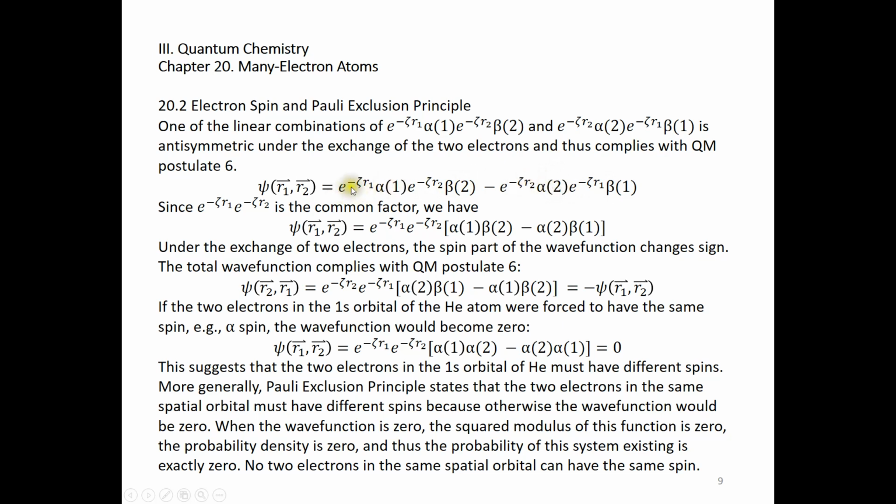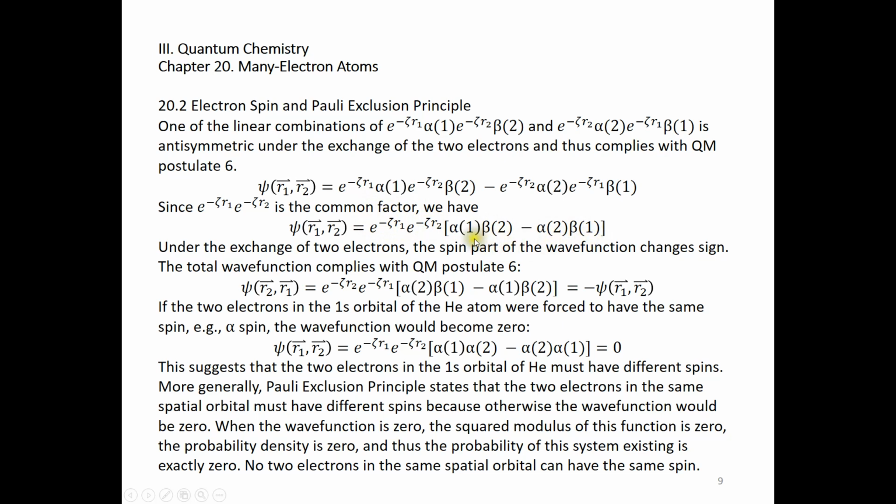Now, since the exponential function is the common factor, we can take this common factor out. We have the product of two exponential functions, e to the power of negative zeta r1, e to the power of negative zeta r2. We know this is symmetric under the exchange of two electrons. And then we look at the spin part.